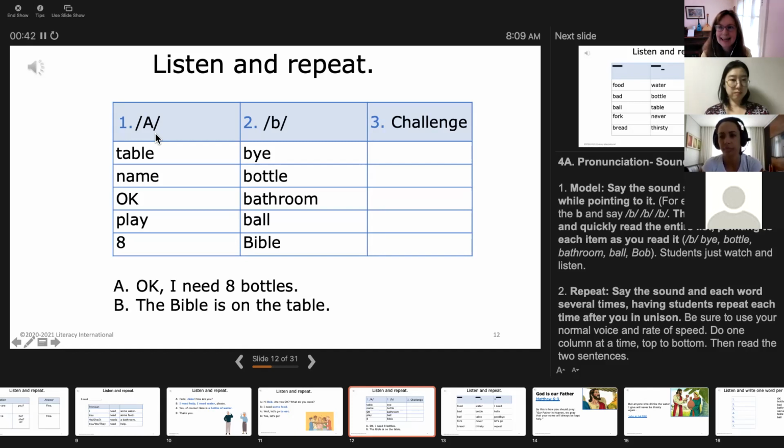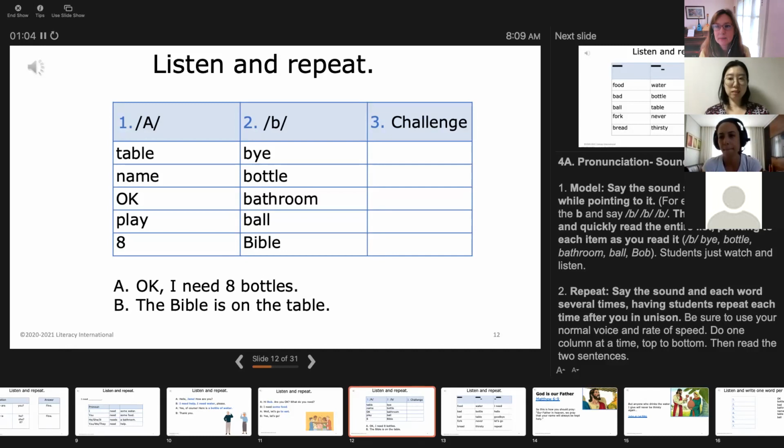And when we make the A sound, I usually exaggerate my mouth movements a little bit just to make it more visible to them. But the corners of our mouth go out, A, and we tighten our jaw, A.